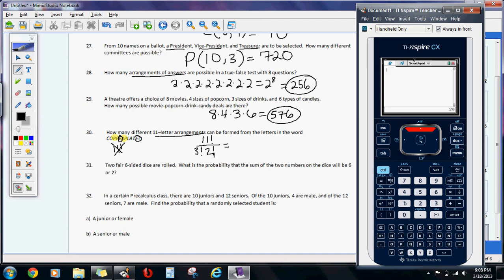If you look over here, we do have a factorial button, so if I hit 11 and the factorial button is right down here, it pops up as something that's not seeming to work right now. Let me try to make this a little bit bigger and see if that helps.